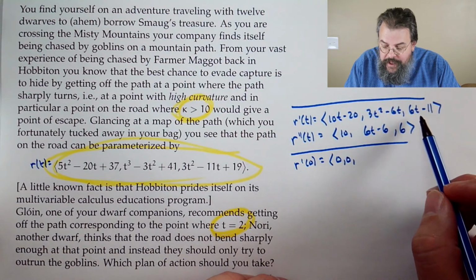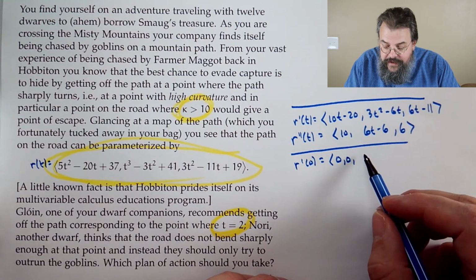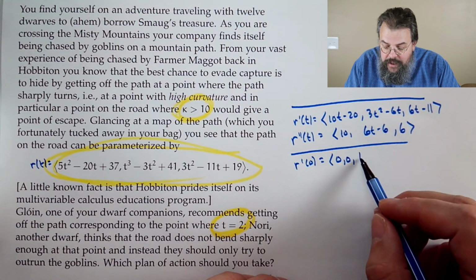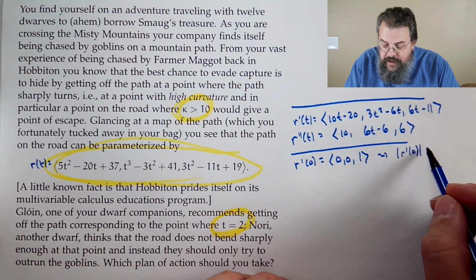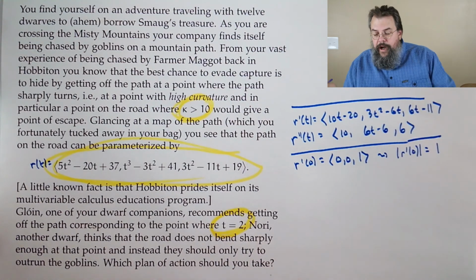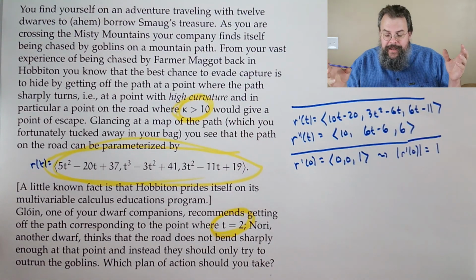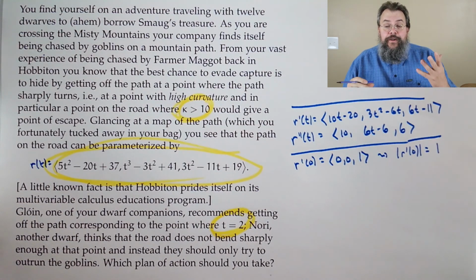And here we get 12 minus 11. Oh, that's not so bad. That's 1. So that says the magnitude of r prime of 2 is equal to 1. Wow, that's fantastic. That's going to make our denominator really, really simple. So we just need our numerator.